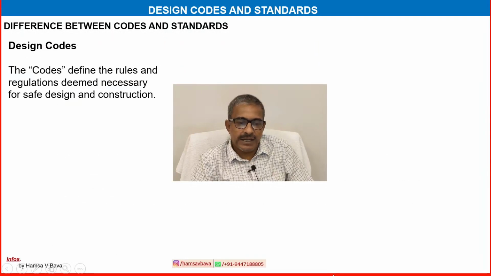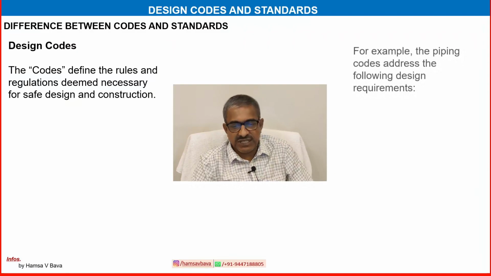Difference between codes and standards. Number one is design code. The codes define the rules and regulations deemed necessary for safe design and construction.